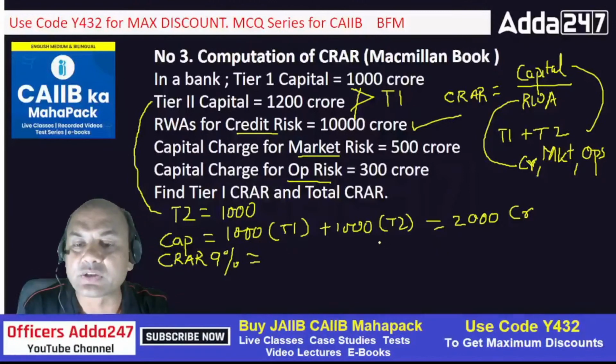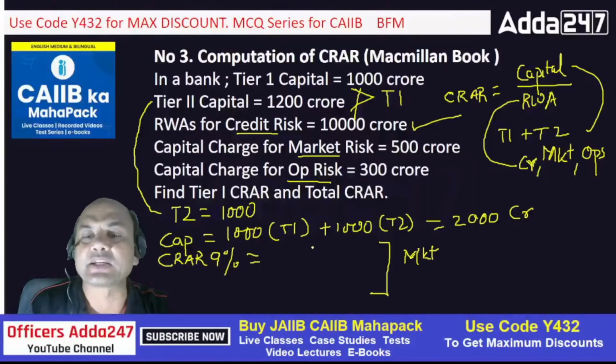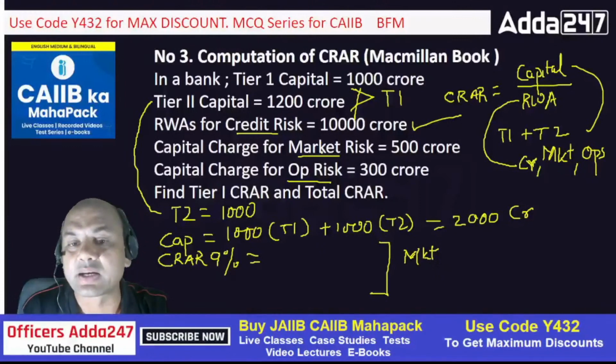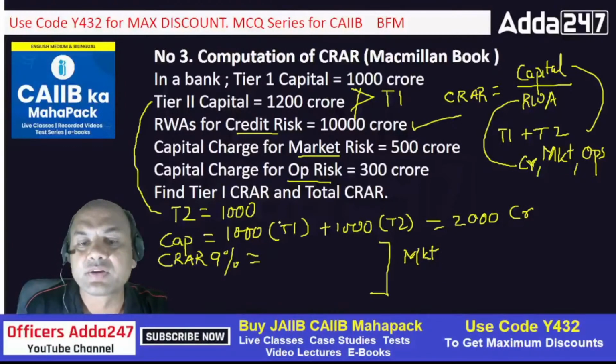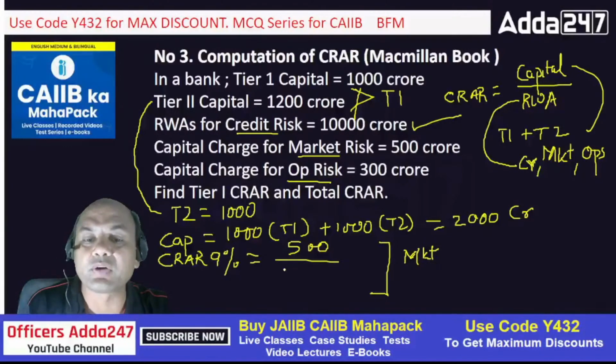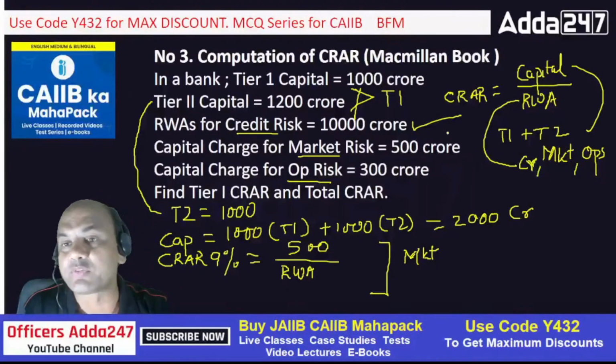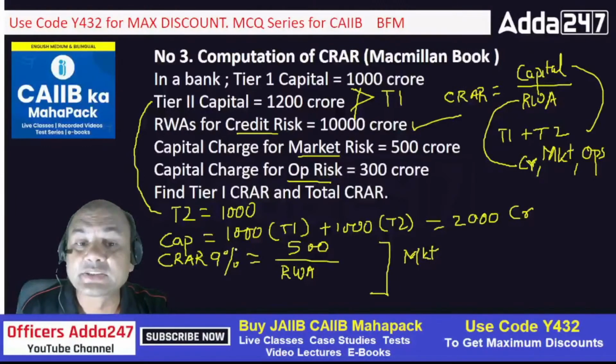We are only focusing on market now, and the capital charge for market is given as 500. So 500 upon RWA. That is the formula again, capital upon RWA. So capital I know, CRAR I know, and RWA I don't know.